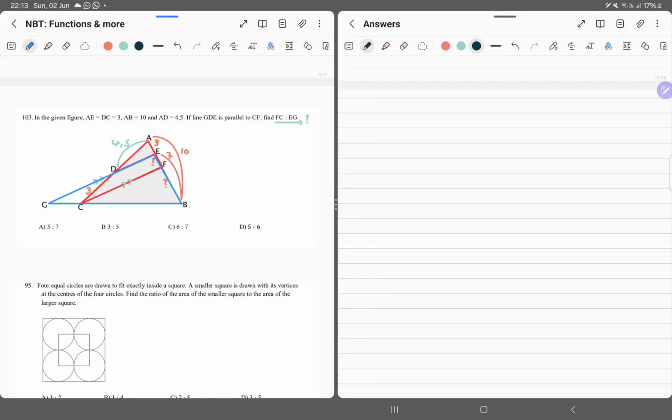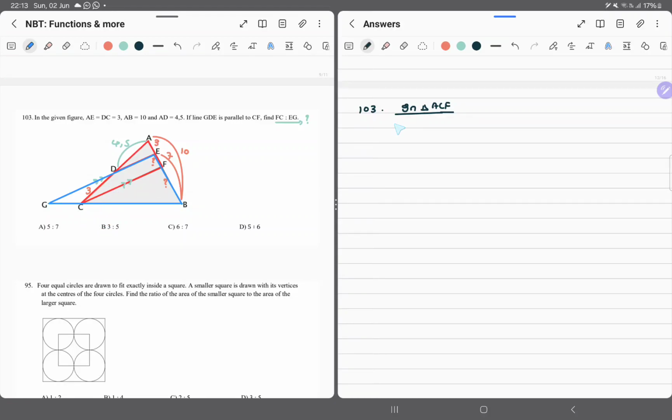Okay, let us start. We understand here that in triangle ACF, what do we know?